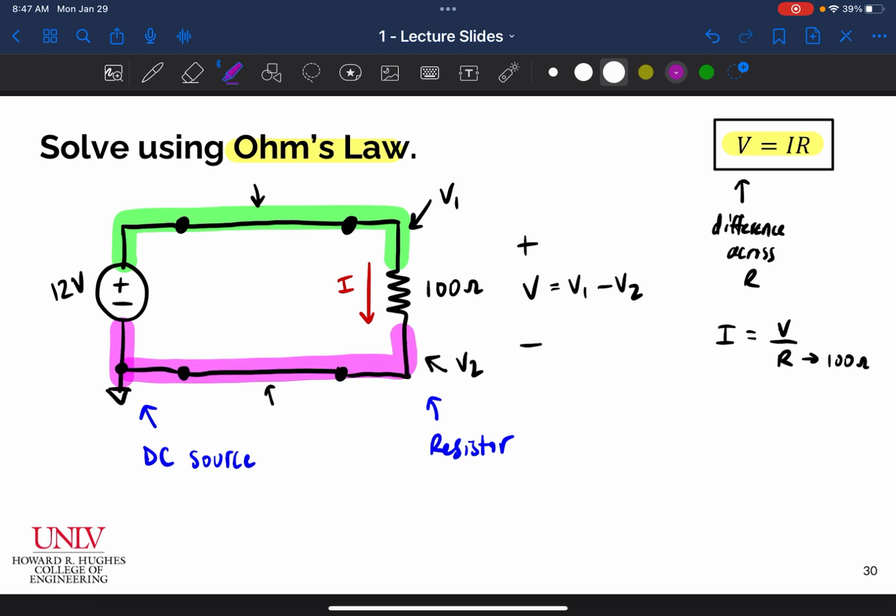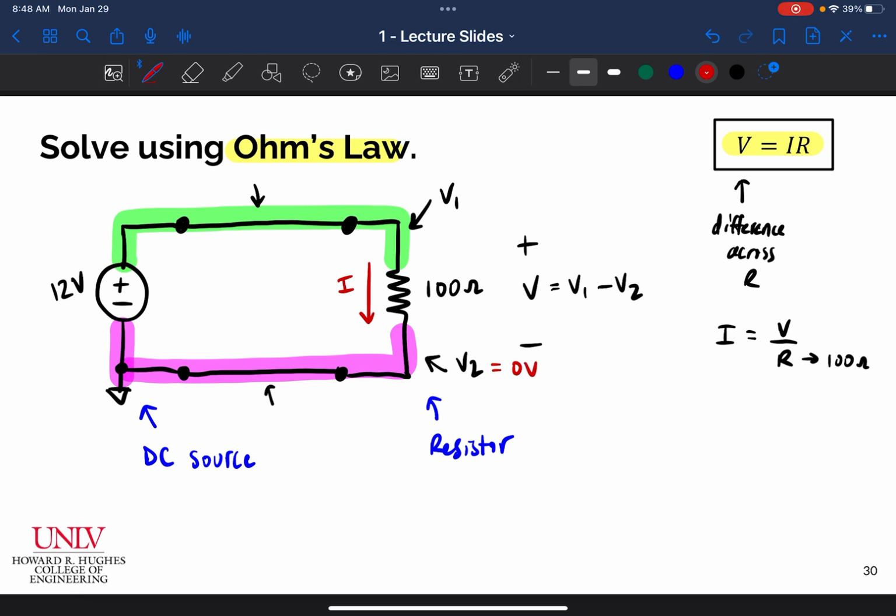And so those are my two nets, and each net has an associated voltage, V1 in the green case and V2 in the purple case, okay? And so from the ground symbol, when we talked about the ground symbol, we know that symbol indicates that entire net is at 0 volts. So I can write that V2 is 0 volts, okay?